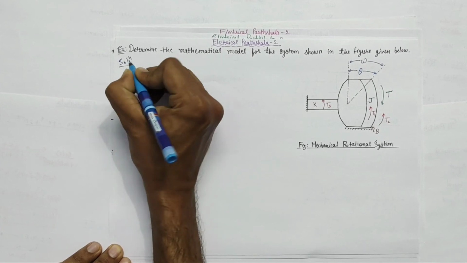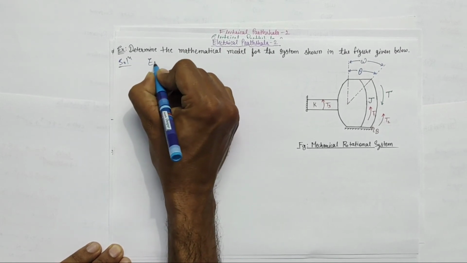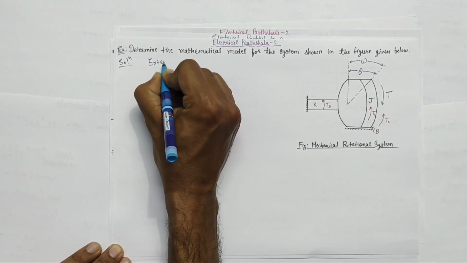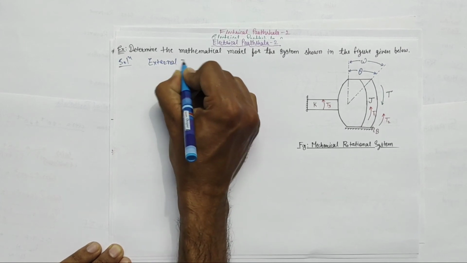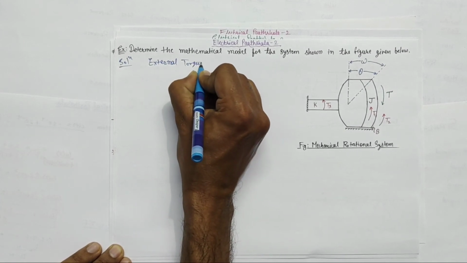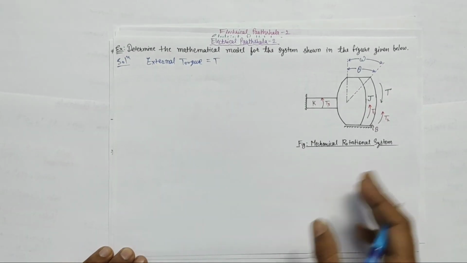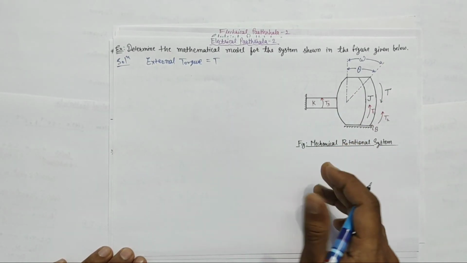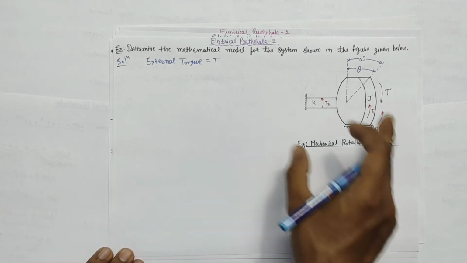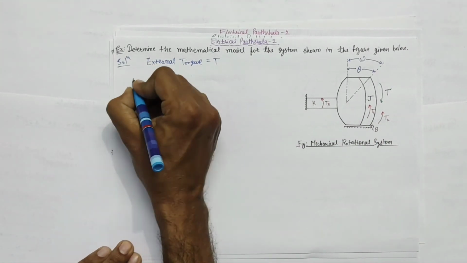Now let's do it. What is given is the external torque, which is T. Now here in this example, as all three elements are present, we have to write the resisting torques for all three elements. So let's do it.